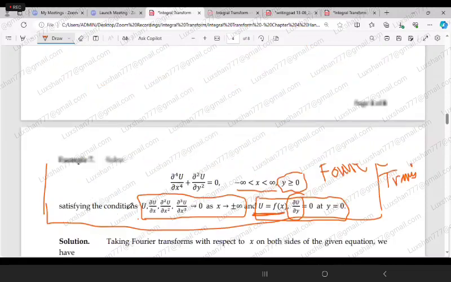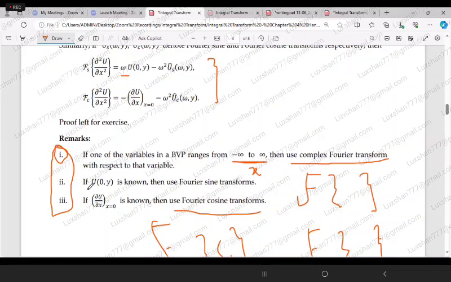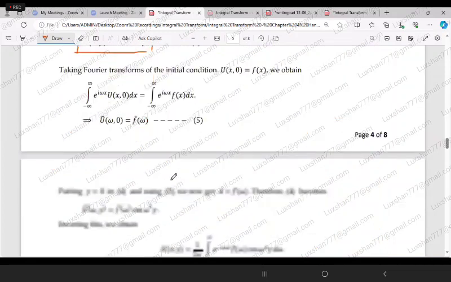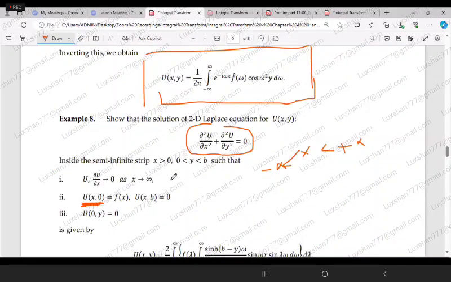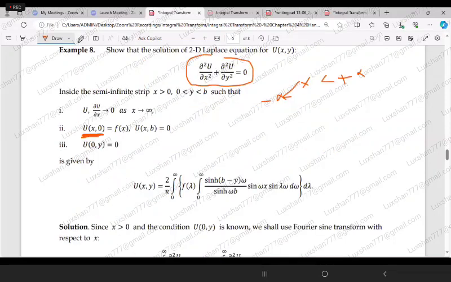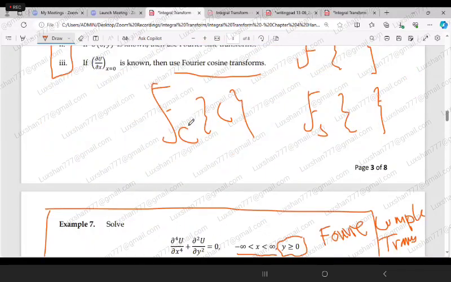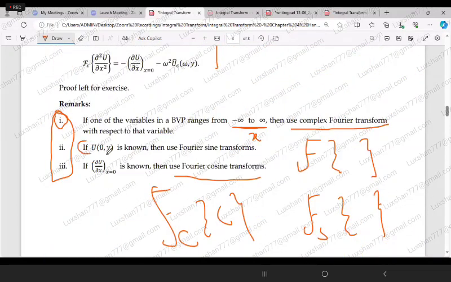Now here, we know u(0, y). If we know u(0, y), then we have to use the Fourier sine transform.